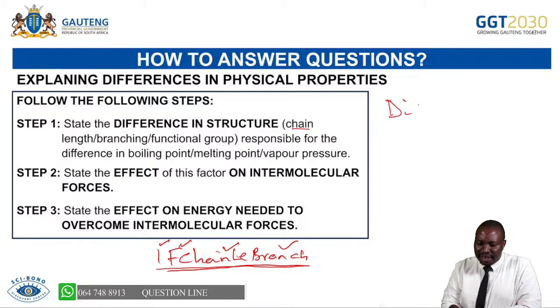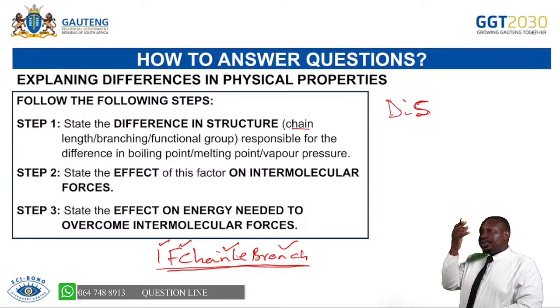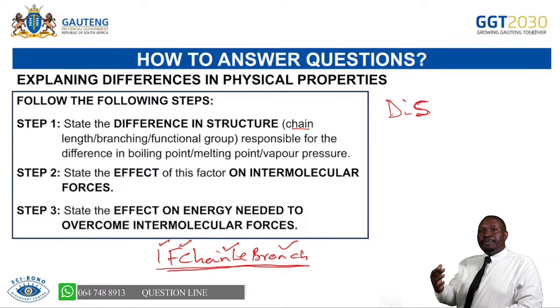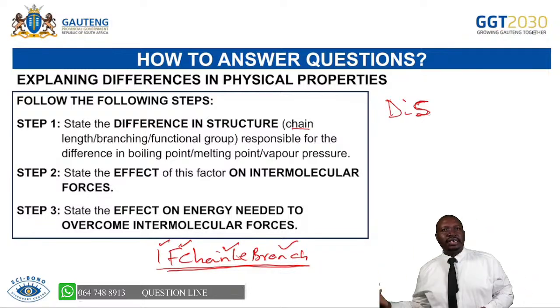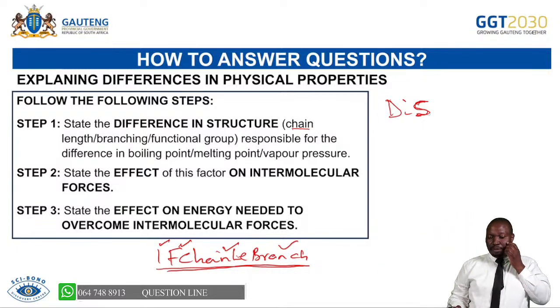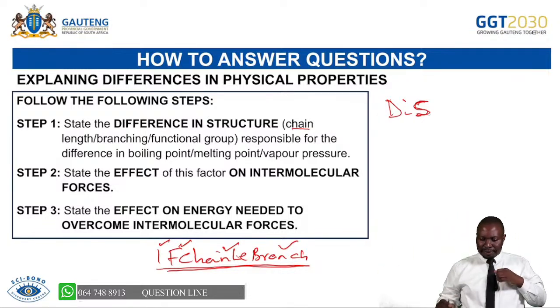So we're going to look at the strength of intermolecular force: because we are changing chain length, for example, what is happening to the strength of intermolecular force? Is it increasing or decreasing? That is the S there.